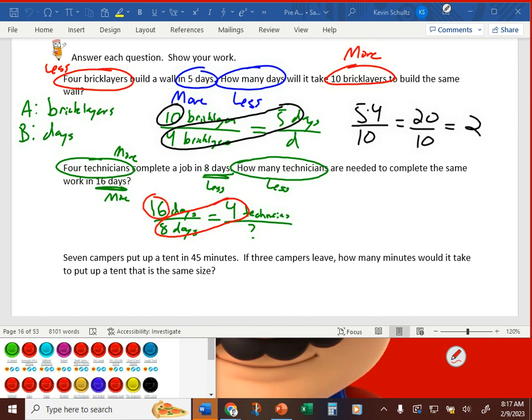If you have your 8 and your 4 aligned vertically, or horizontally, so they're not diagonal, your mistake was you combined a more with a less. You put more over less. Those things can't be vertical unless the units are the same, which they aren't.